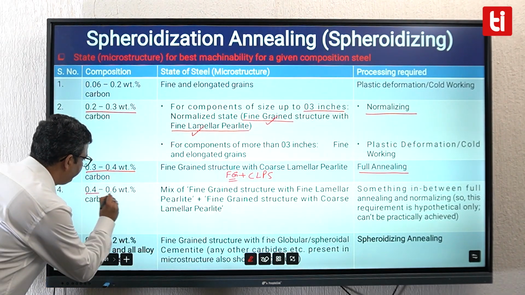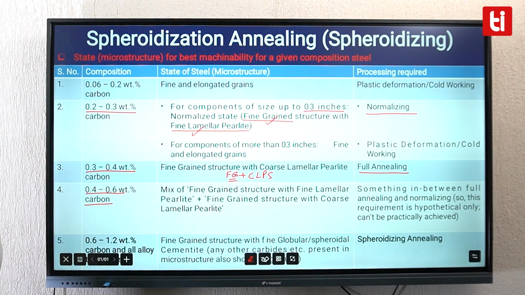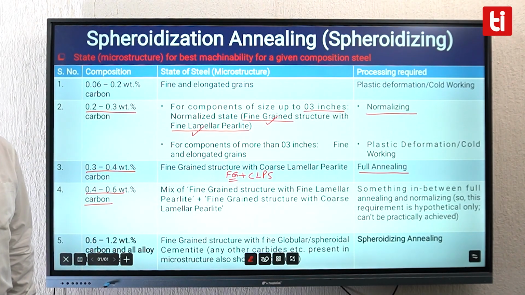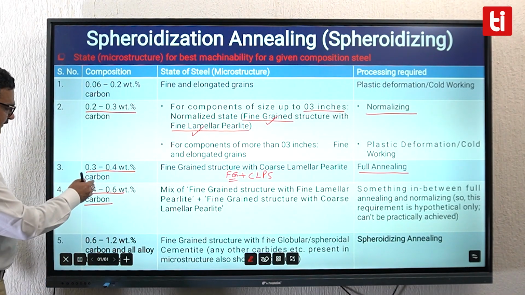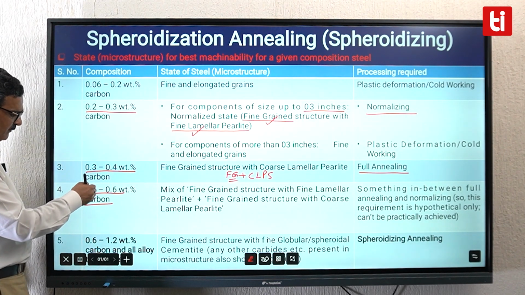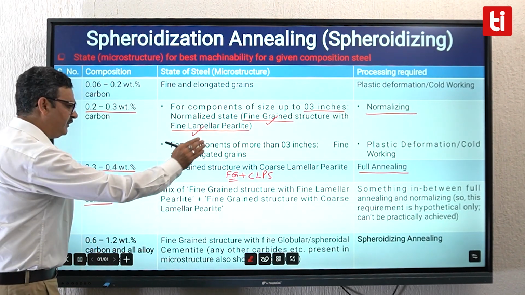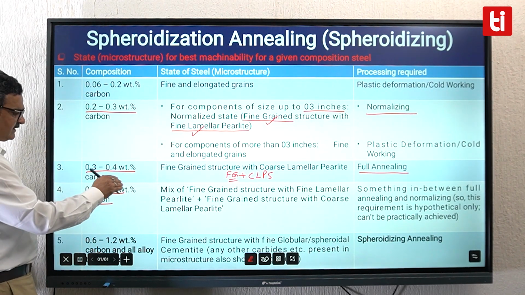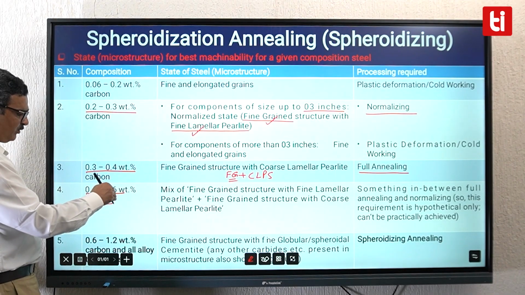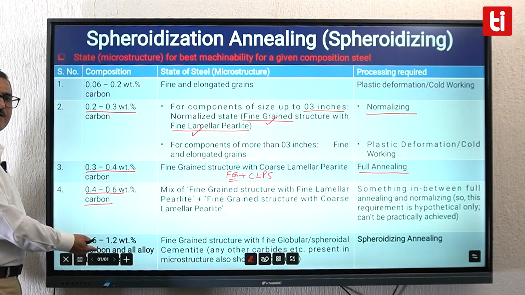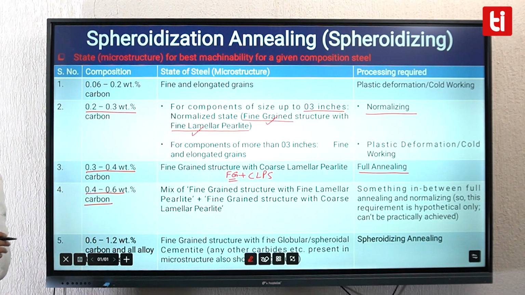Then 0.4 to 0.6 weight percentage carbon steels. See, practically speaking, if the carbon content is on the lower side, 0.4, 0.45, give them full annealing. If it is on the higher side, 0.55, 0.6, give them spheroidization annealing treatment.